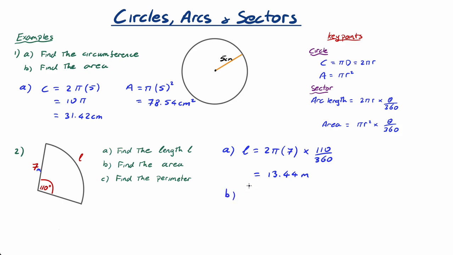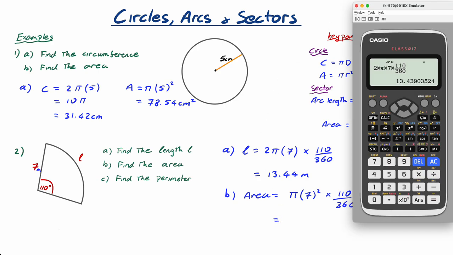Okay, part B. Find the area. Area is the same idea, guys. We do the area of the full circle, which is pi r squared. So it's pi times 7 squared. And again, we then go, right, but what fraction of the whole circle? Well, it's 110 out of 360.